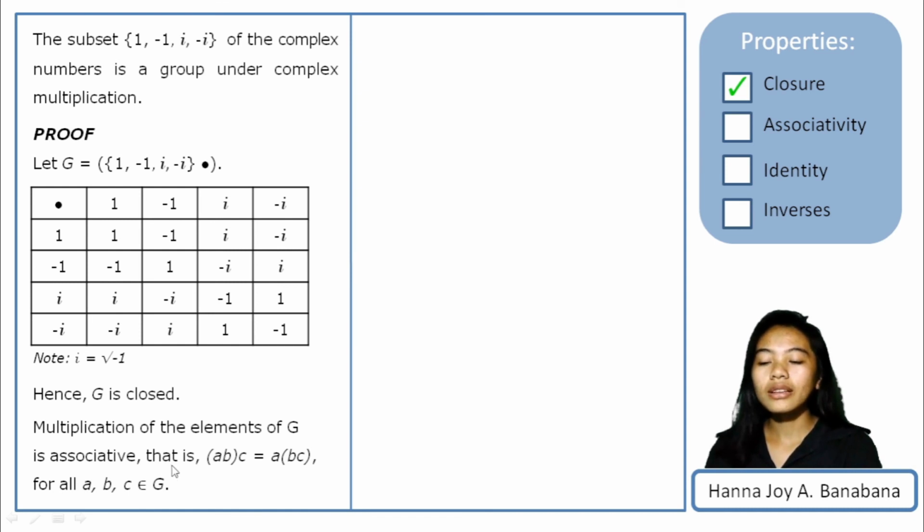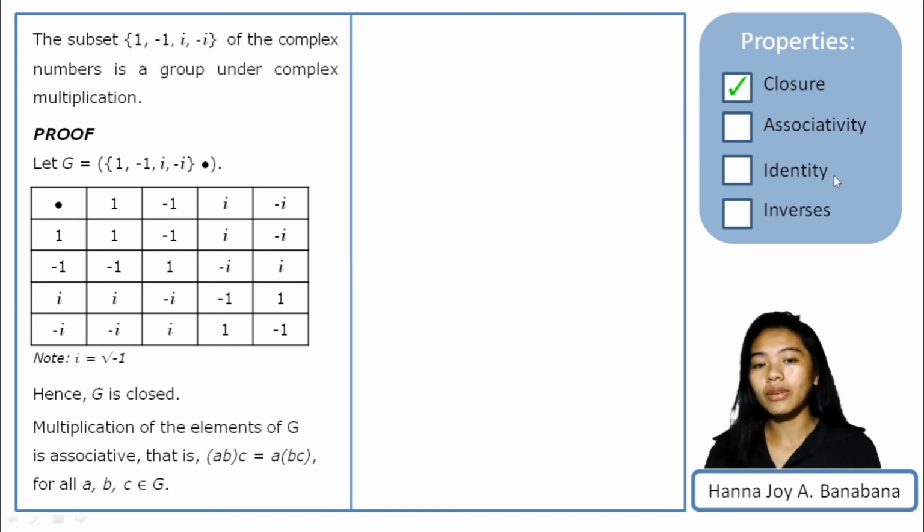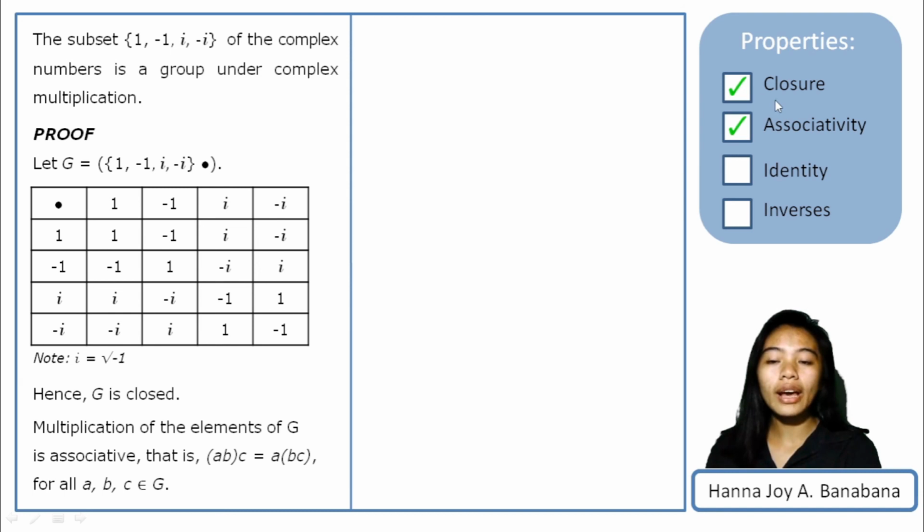That is, (ab)c is equal to a(bc) for all a, b, c elements of G. So, when we try to set values of a, b, and c from this set or substitute the elements in that one, despite the order, the answer is still the same. So, we have already shown that G is closed and associative.